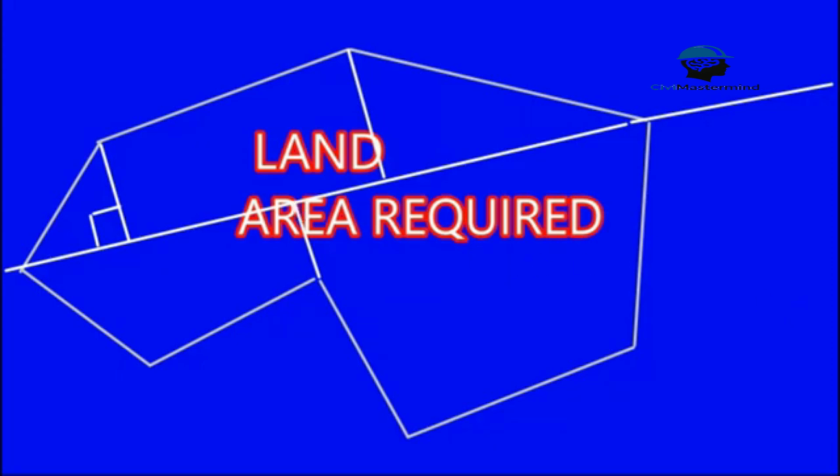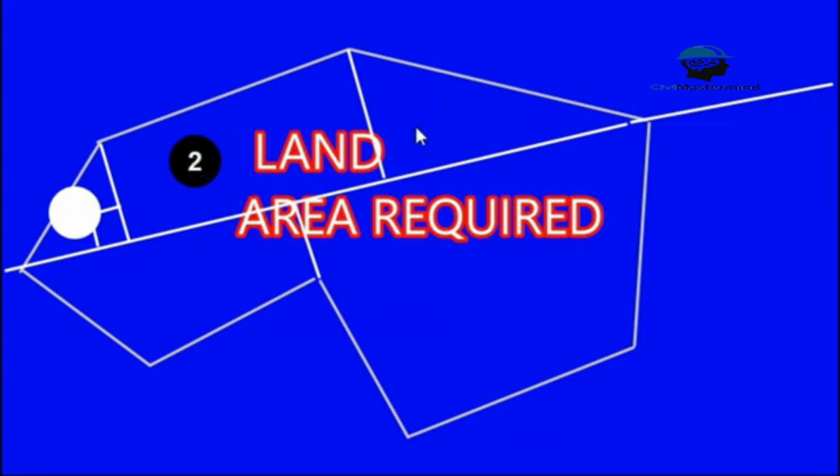So now as you can see, we've got different locations over here, and we'll easily be able to take out the readings or the area of this land. This is the first one, right?